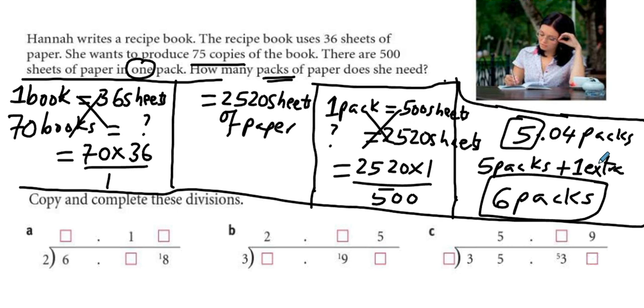You have to buy 5 packs plus 1 extra, though the extra pack will not be finished. You're going to use 5 packs plus 0.04 of a pack. Since 0.04 of a pack does not exist, you do 5 plus 1 extra, you get 6 packs. This is the final answer.